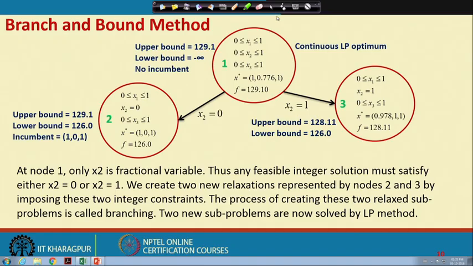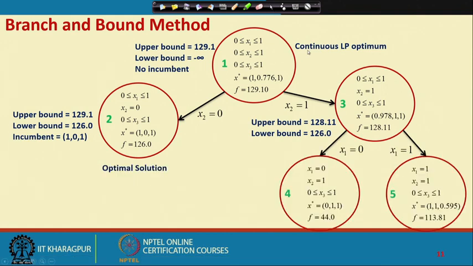So, again I made two branches, node 4 and node 5. Node 4, again I got all integer solutions with objective function value 44.